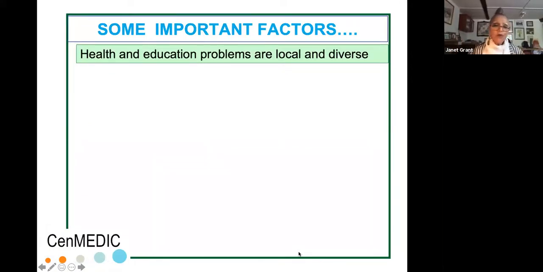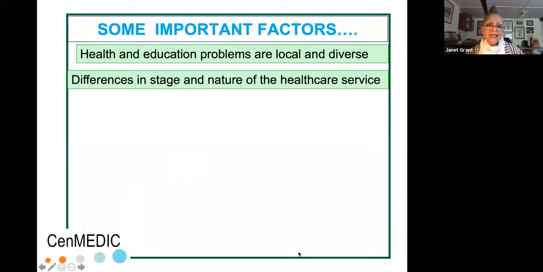So here are some important factors. Health and education problems are local and diverse. So first of all, which is what one of you was just asking, look into that. There are differences in the stage and the nature of the healthcare service and the stages at which people join that healthcare service.